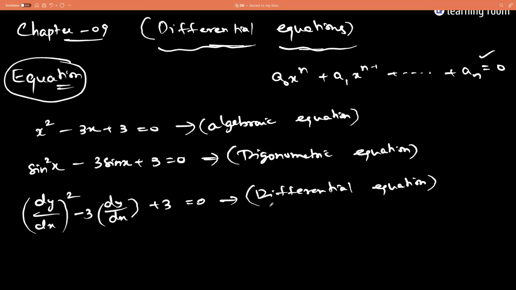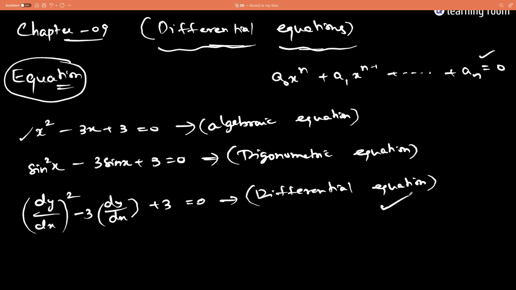That's it. So basically, it depends on what kind of parameters we are going to use in that particular expression. Right. So if the parameters are related to algebraic variables, you call it algebraic. If it is related to trigonometric variables, you call it trigonometric. If it is related to differential variables, you call it a differential equation. And this is the basic introduction to this chapter.